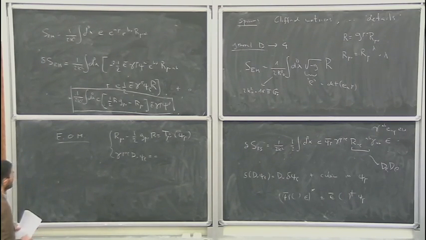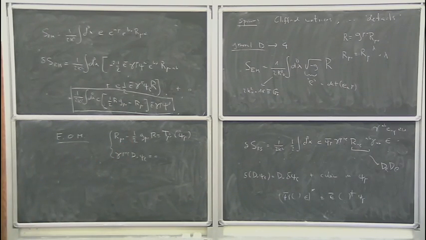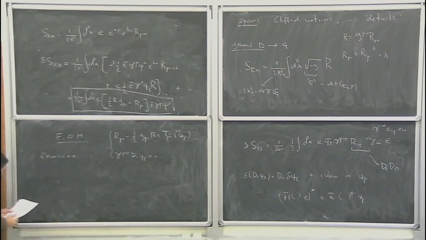Now, in many situations, we will be interested in solutions that solve the equations of motion here, or the generalizations which I will discuss, where the fermions are set to 0. Right?